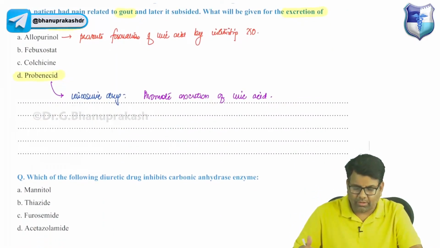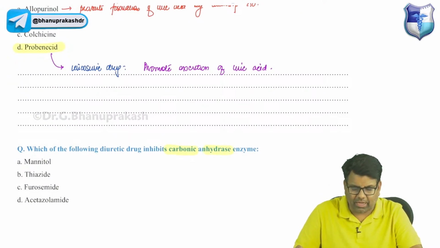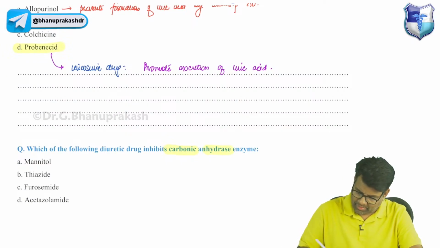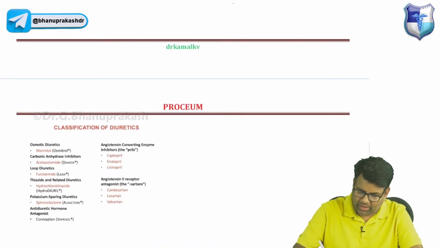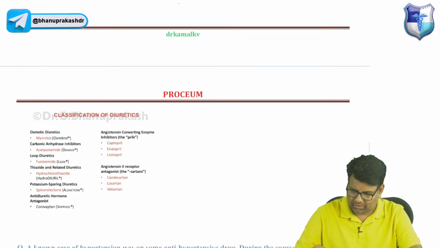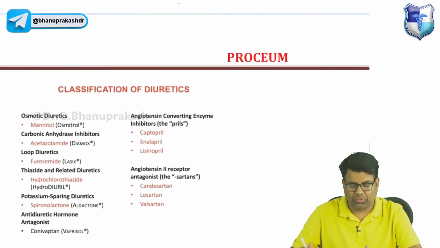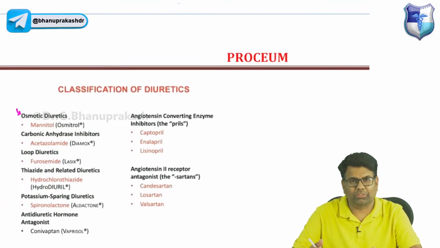Right? Which of the following diuretics inhibits carbonic anhydrase enzyme? Acetazolamide, yes, correct. And if you have just a basic classification of the diuretics, the one which you should know at least: one is the osmotic diuretic, which is mannitol.